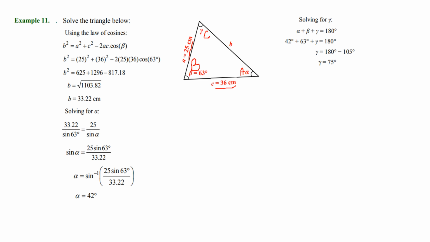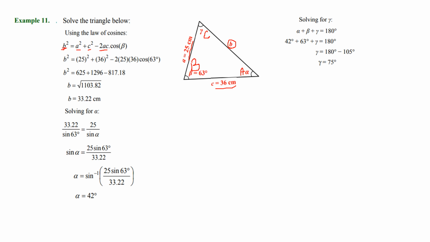And here the side that is missing is B, so you have to form the rule: B squared equals A squared plus C squared. Always when you start with B, the rest of the two sides, A squared plus C squared minus 2AC times cos of the corresponding angle.